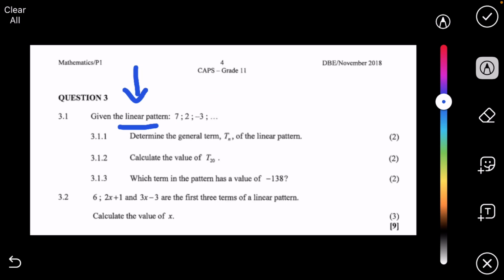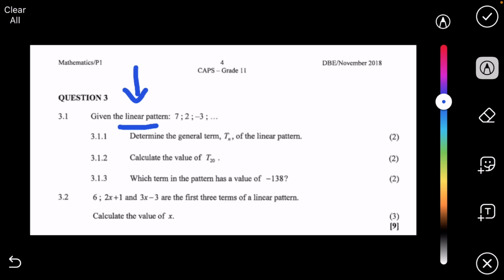The moment they indicate the type of pattern, you gather all the information that you know about that particular pattern. A linear pattern is the same as an arithmetic pattern or arithmetic sequence.